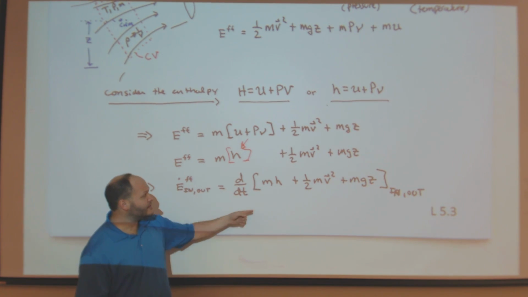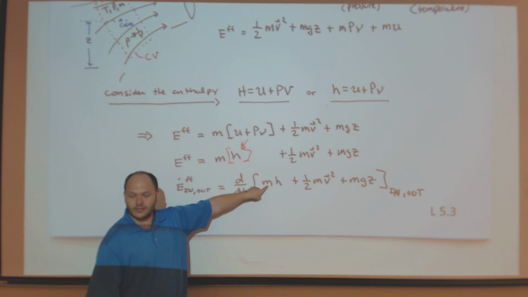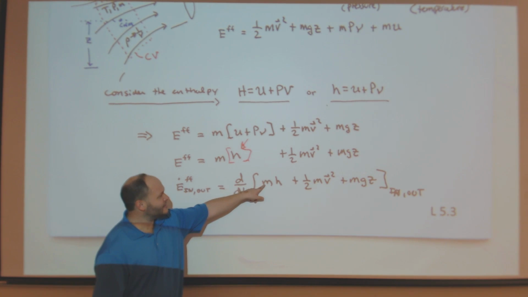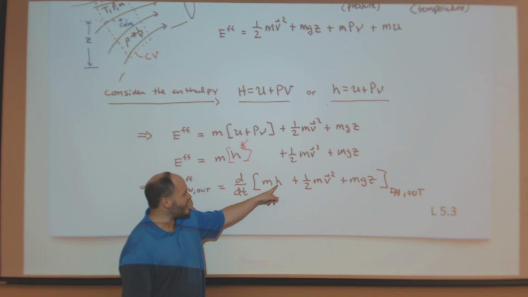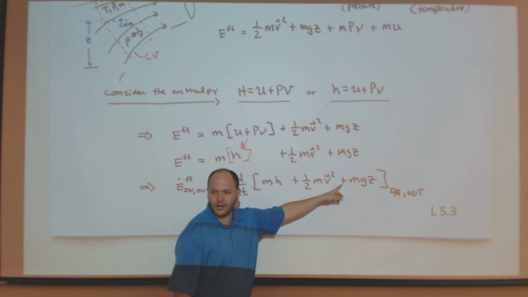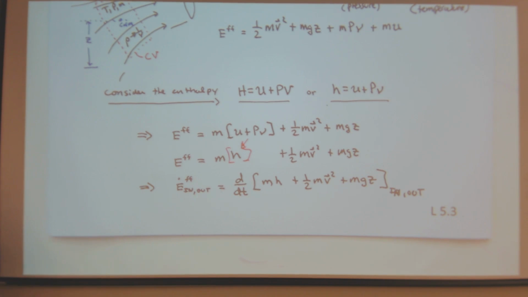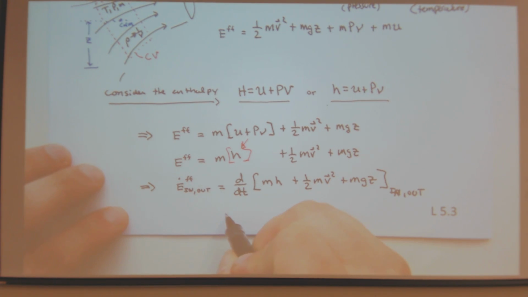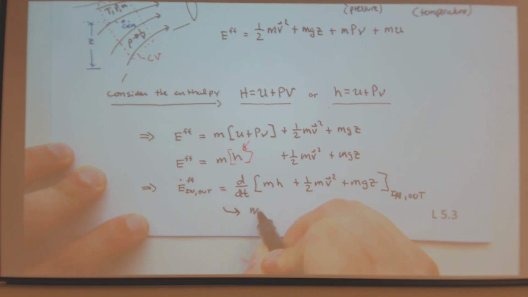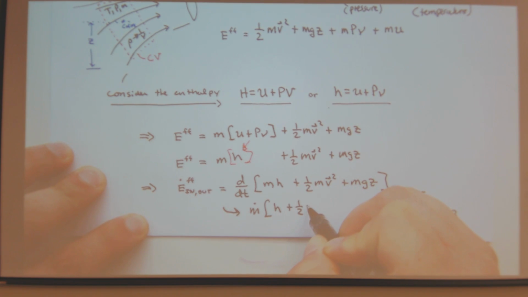So M dot, we end up taking it out, and then we just have H, V squared and all this other stuff. We end up taking this and we simplify it to M dot times (H plus 1/2 V squared plus GZ).